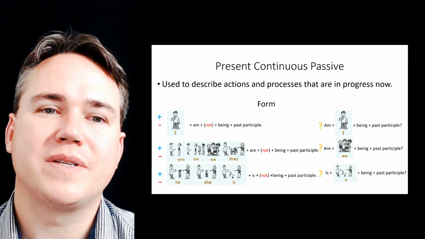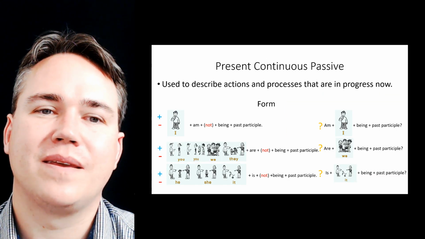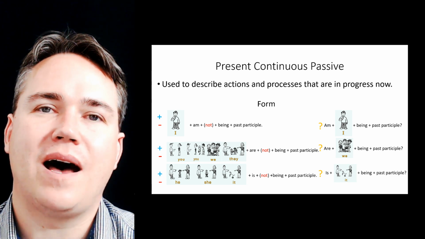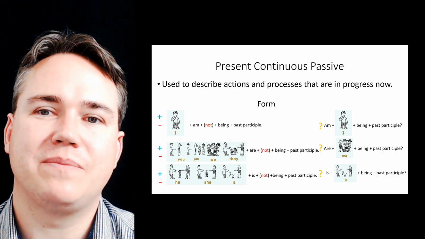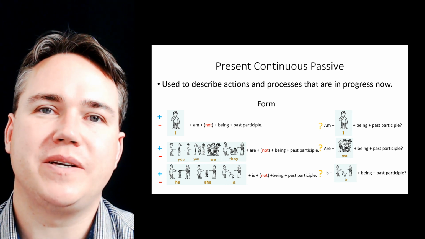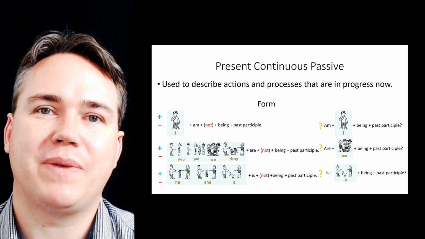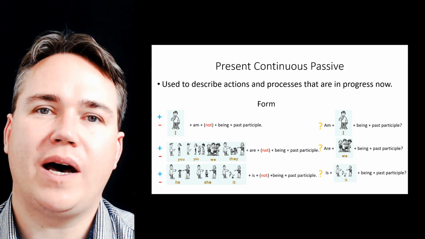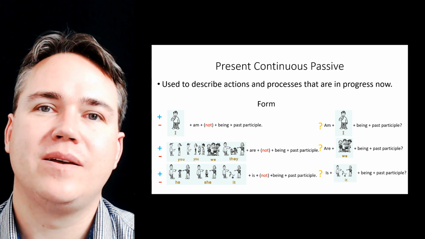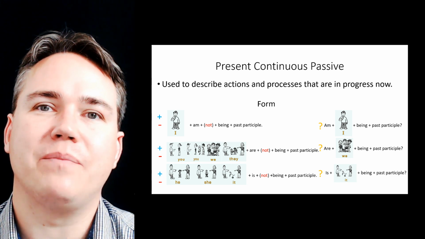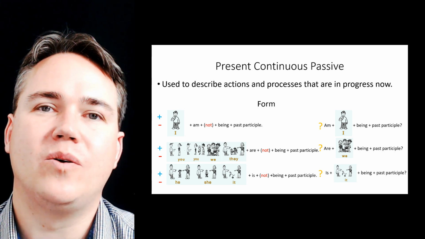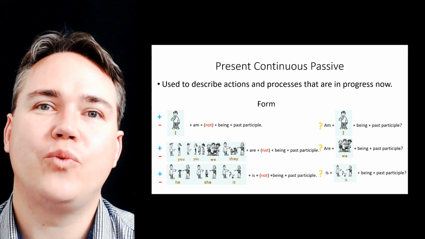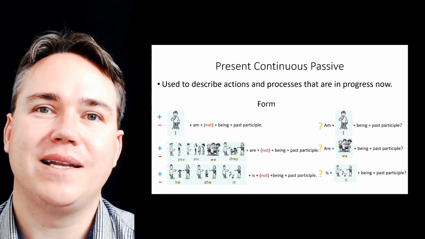The form looks like this. You can say, I am being, or I am not being, and past participle. Questions, you can say, am I being, and past participle. You can say, you are, we are, they are being, and past participle. Or you aren't, we aren't, they aren't, and past participle.